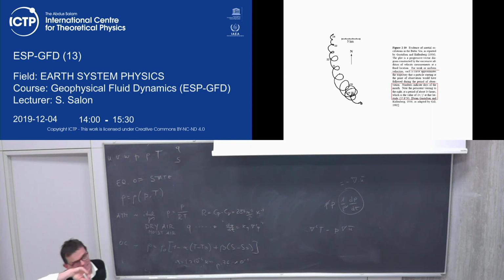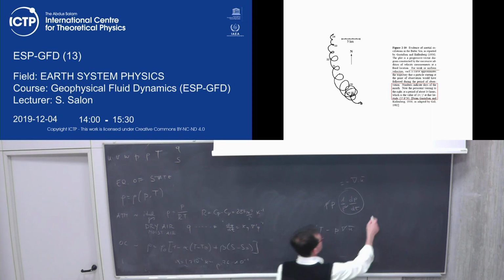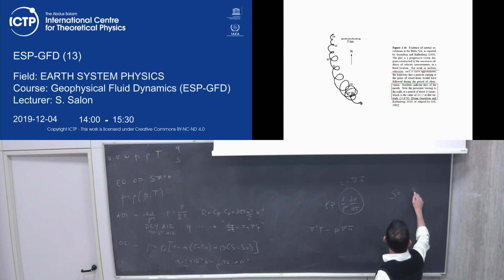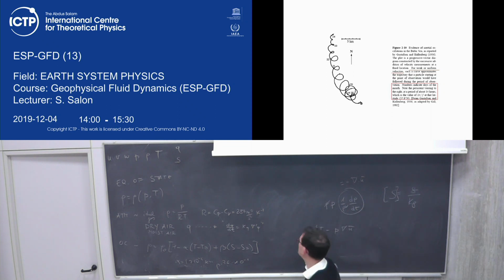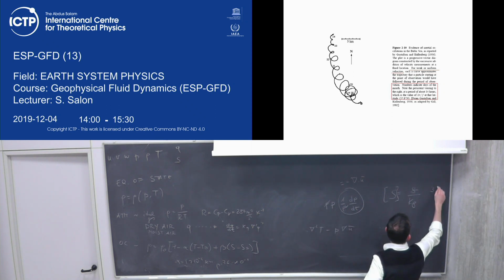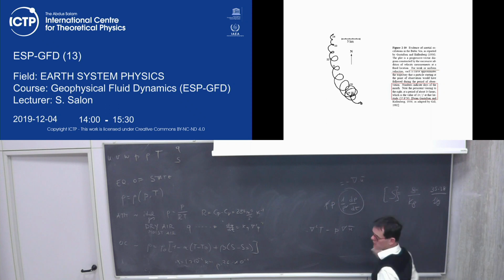In the past people used PSU, practical salinity unit, but since salinity is actually how much salt you have in 1 kilogram of water, usually we say grams over kilograms. Usually we have like 35, 38 something grams over 1 kilogram of water.